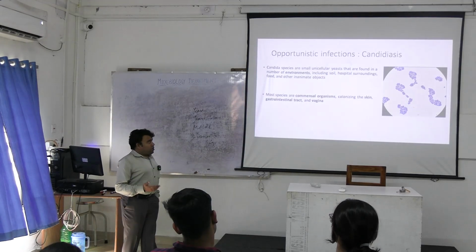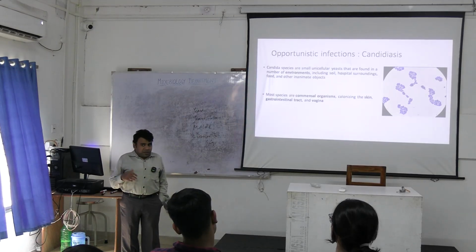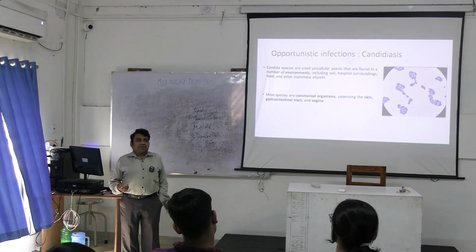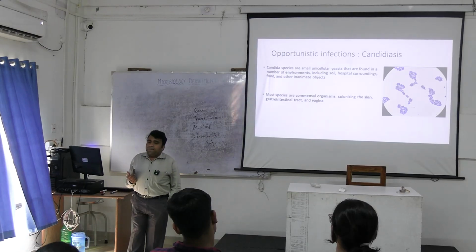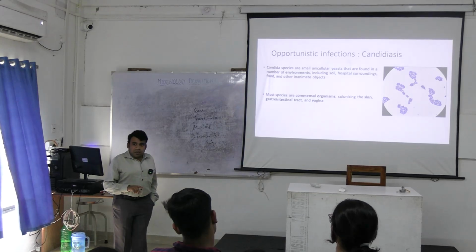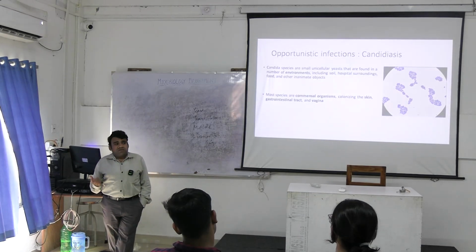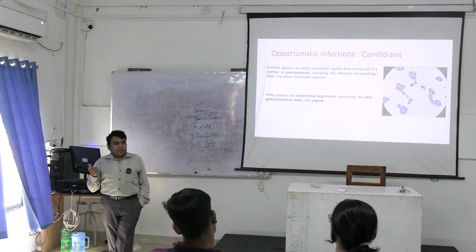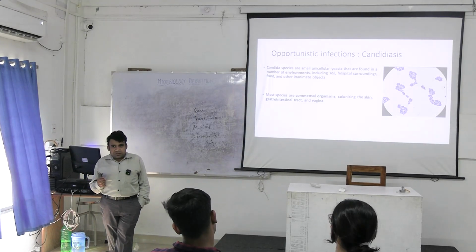So this fungus is actually present on the body itself. Now the question is, why does it flare up or cause an infection? Normally in the microbiota, the fungus is present, but it cannot grow or multiply very rapidly because of the other bacteria present locally. These bacteria inhibit the growth of the fungus.